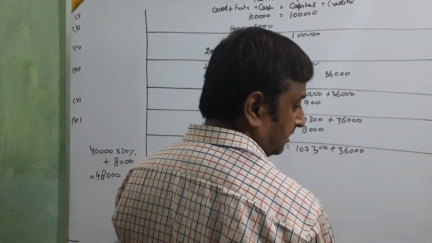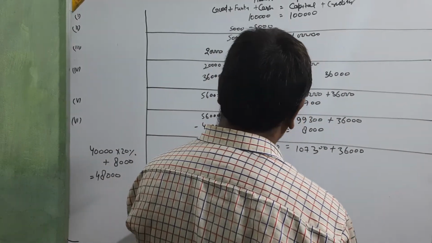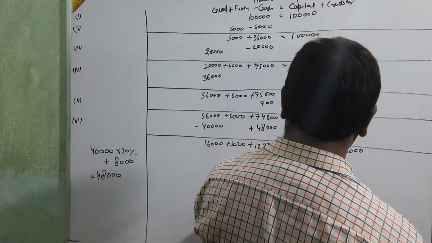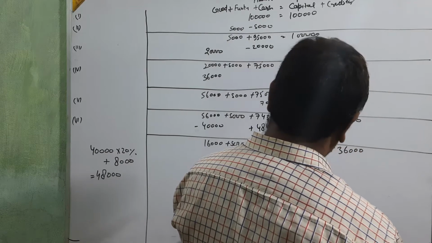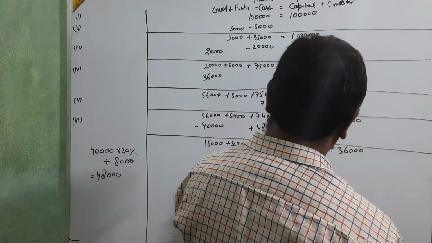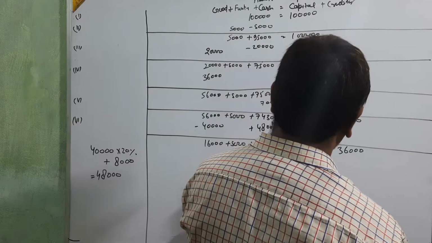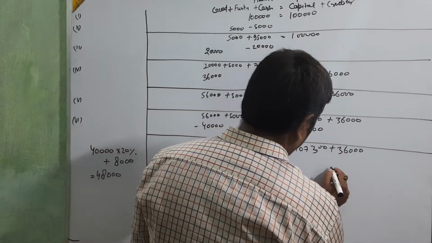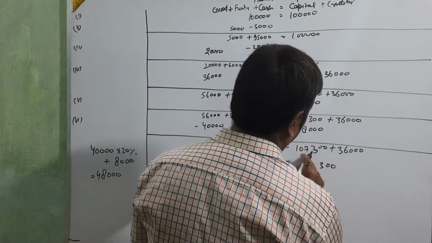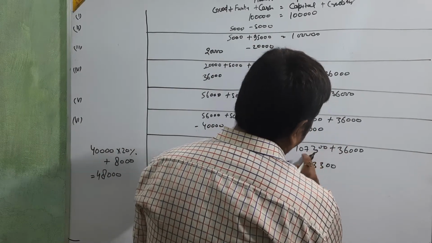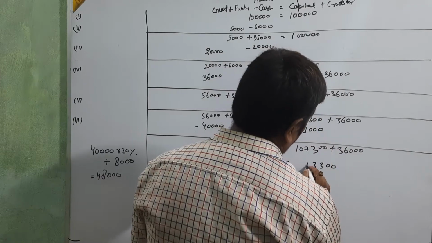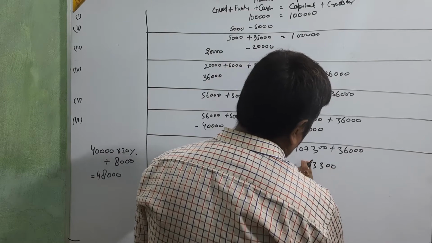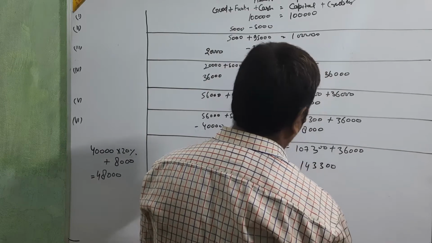Goods 16,000, 5,000, 300, and then 1,07,300. And then 36,000, total 1,43,300.